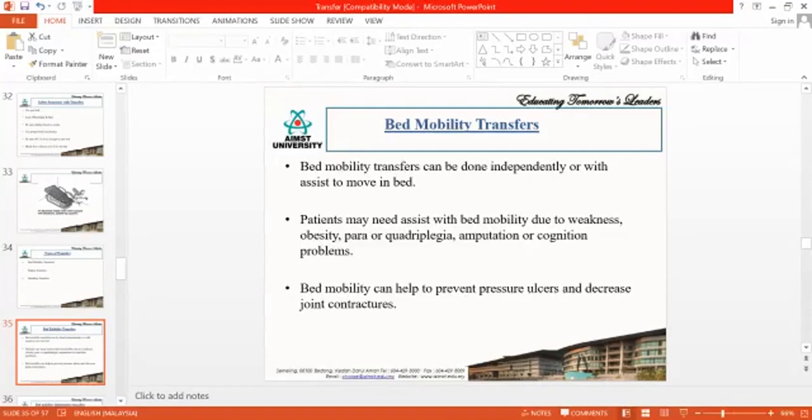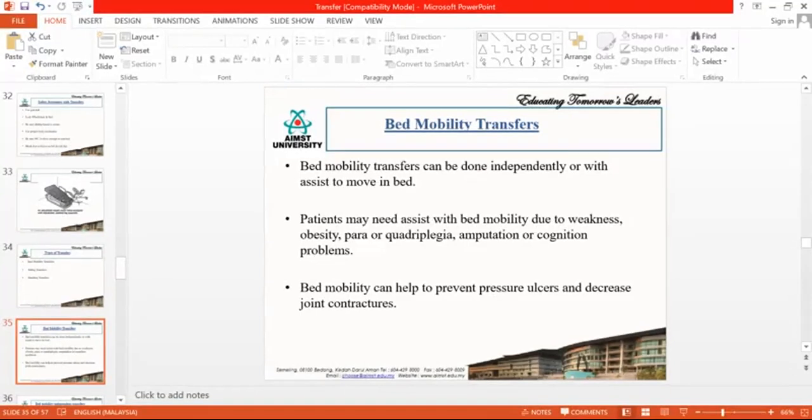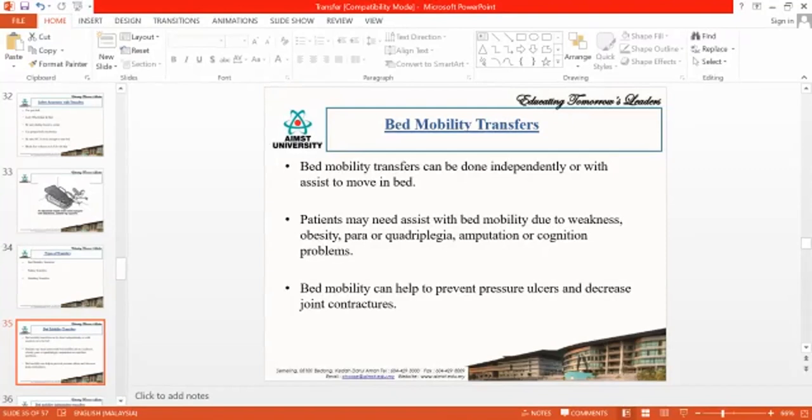So you need to be very careful regarding bed mobility. If the patient is not independent in bed mobility, then you need to teach the assistants or caregivers how to turn the patients in the bed.